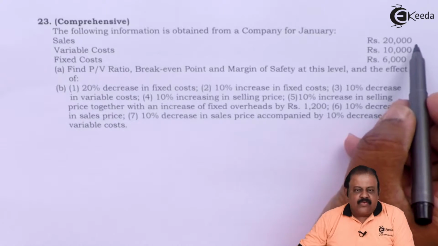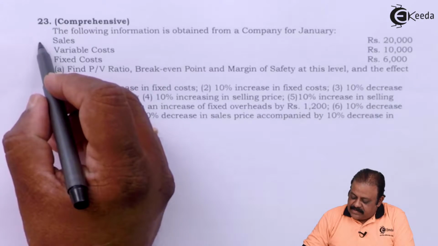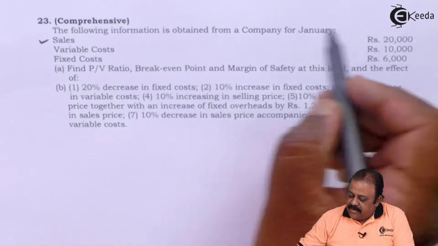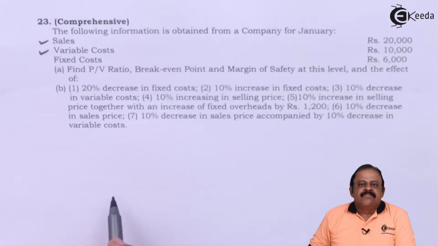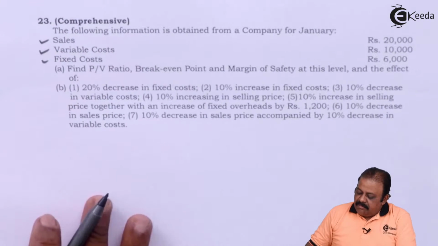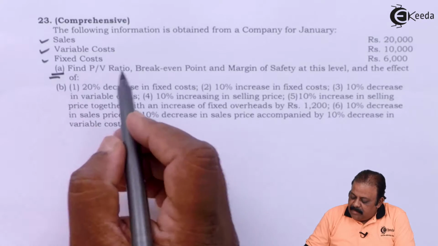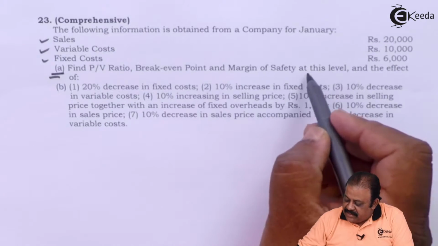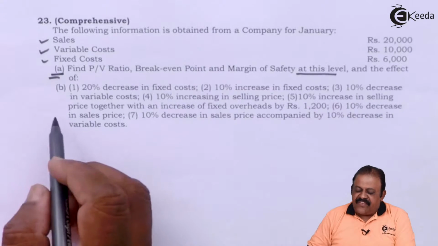Sales 20,000. So we have information of sales. Variable cost rupees 10,000. Fixed cost is also given, rupees 6,000. We are required to find PV ratio, break-even point, margin of safety at this level, and the effect of.